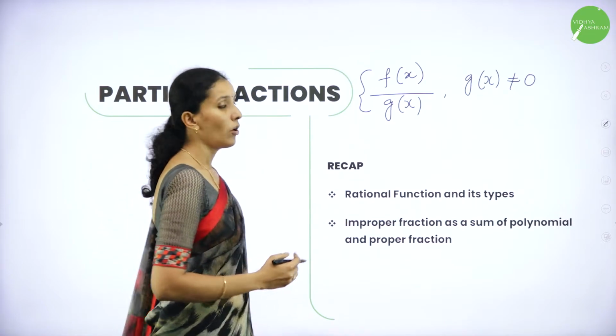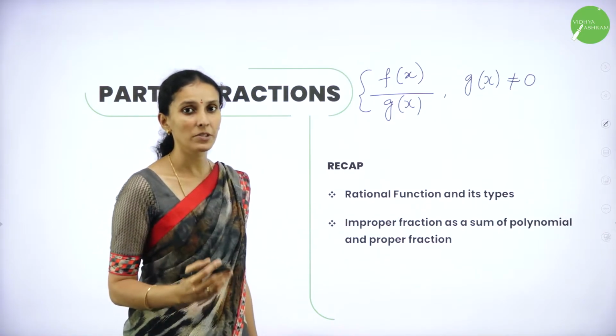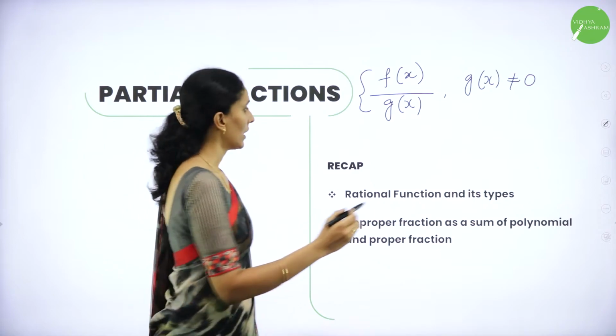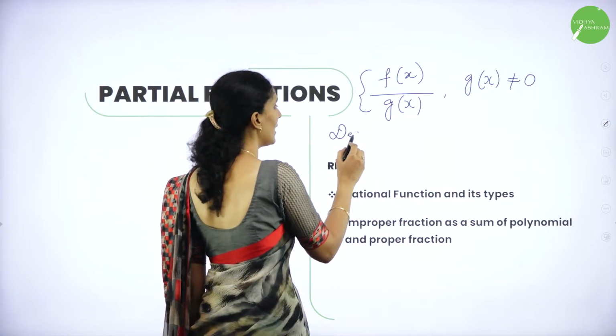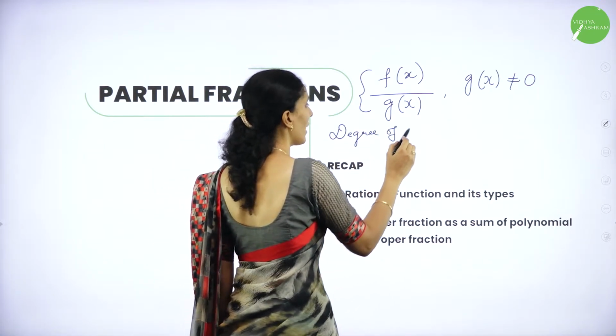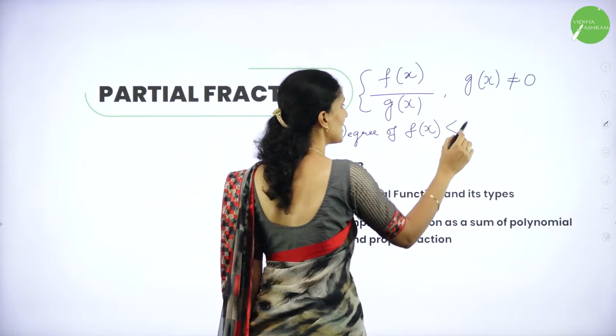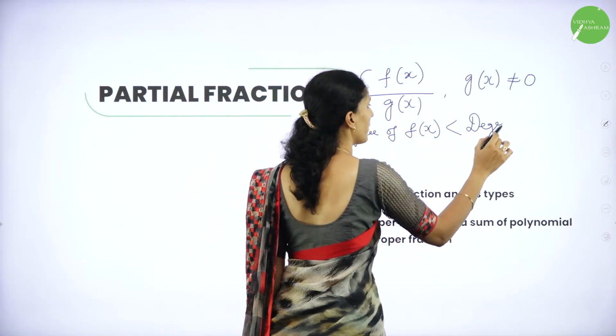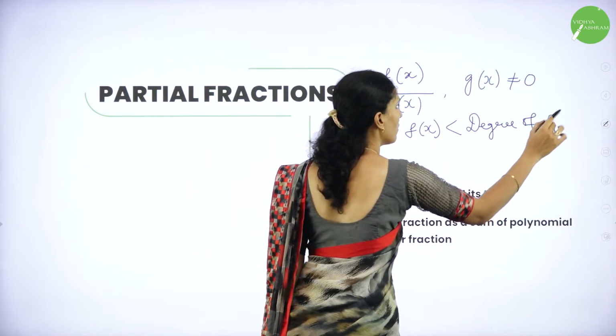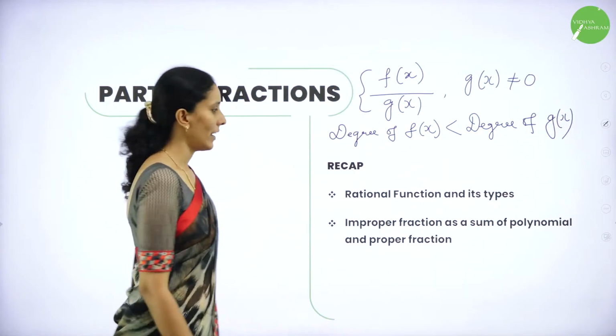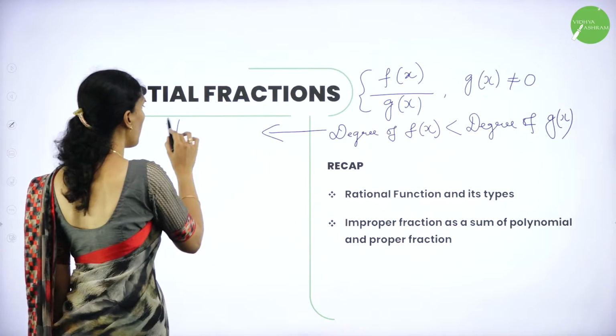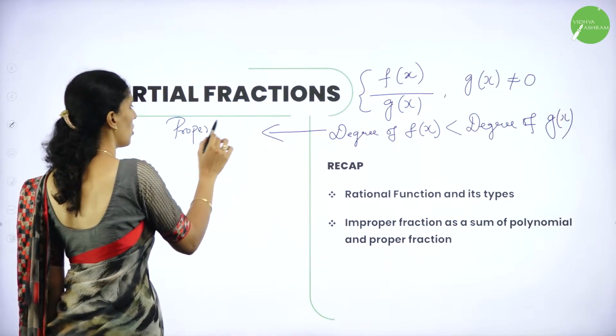And also we have learned the types, proper and improper. That is, whenever the degree of f of x is less than the degree of g of x, then it is called a proper rational function.